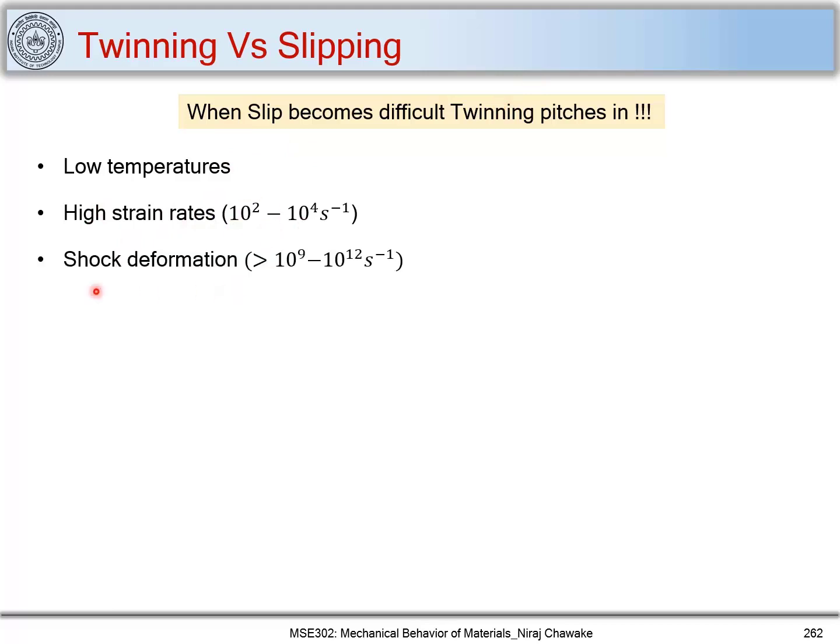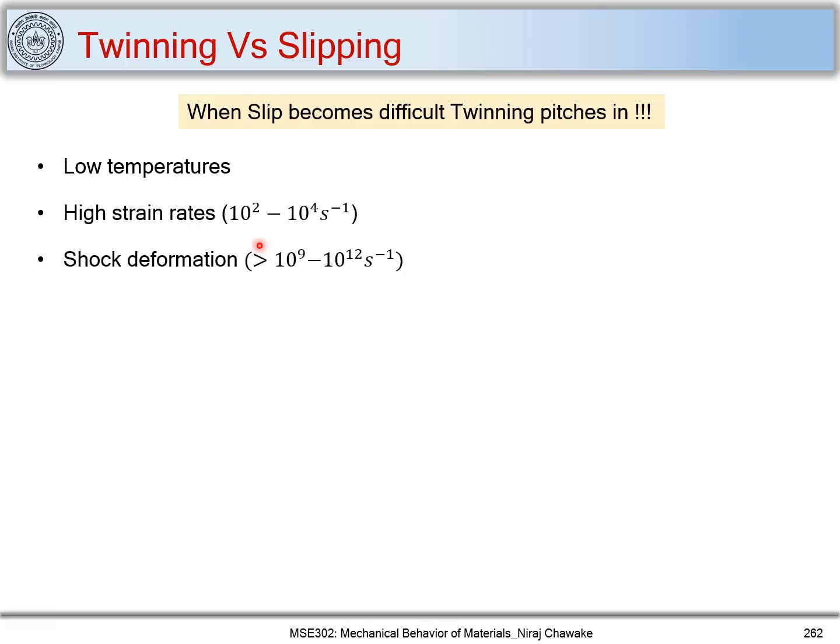Also, we can consider shock deformation, where the strain rates are of the order of 10 to the power 9 to 10 to the power 12 per second. At these conditions, the material will deform by twinning rather than slip.